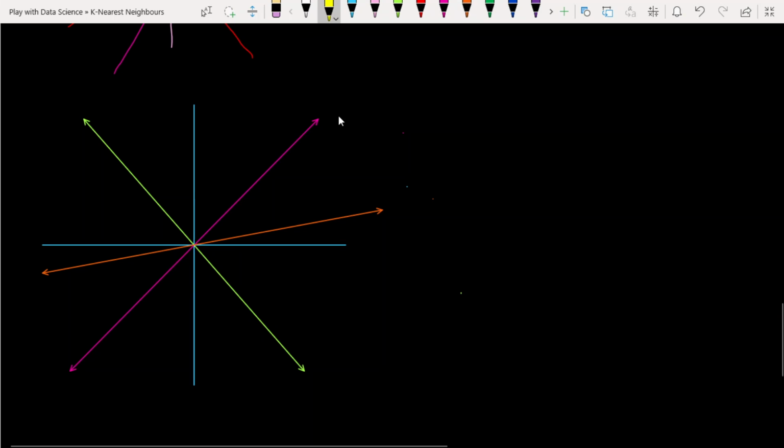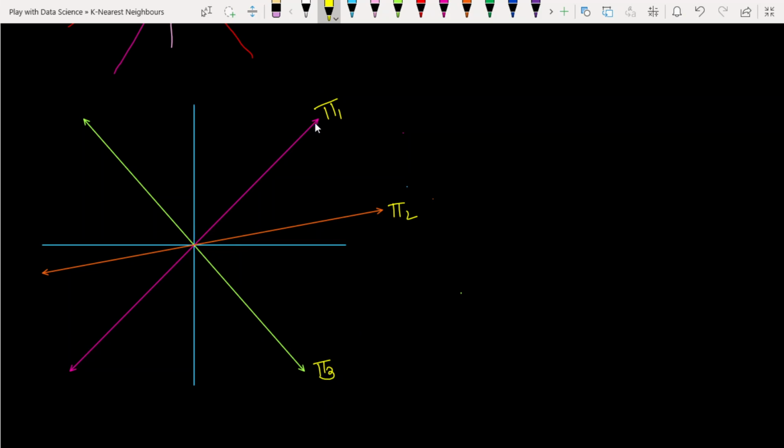Let's take this hyperplane as the pi 1 hyperplane, this orange one is the pi 2, and the green one, let's take, is the pi 3 hyperplane. I have to rename very carefully.